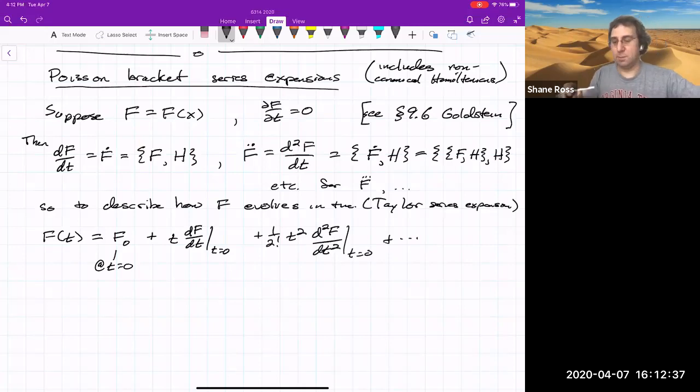Plus dot, dot, dot. But now when you substitute in for these derivatives and you put in the Poisson bracket, then it becomes a Poisson bracket series expansion.